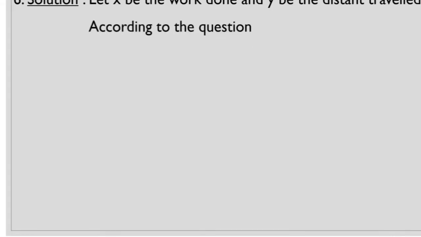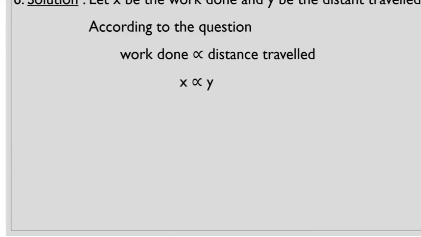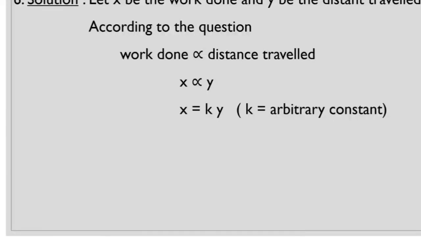Now according to the question, the work done is directly proportional to the distance travelled. Therefore the work done, which we have taken as x, is directly proportional to y, that is x equal to ky, where k is an arbitrary constant, meaning some number is given. Here, in the question it is given that we have to take this constant as 5.